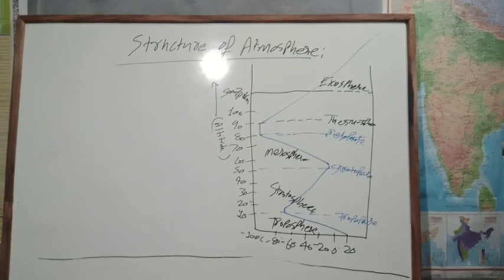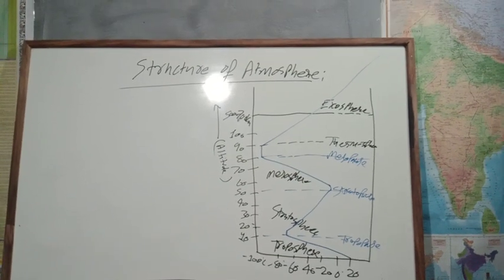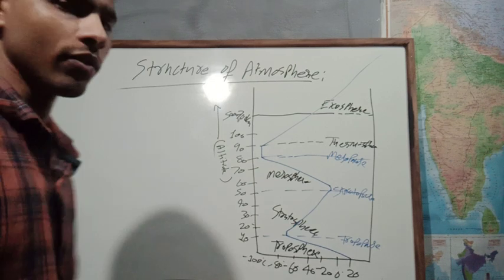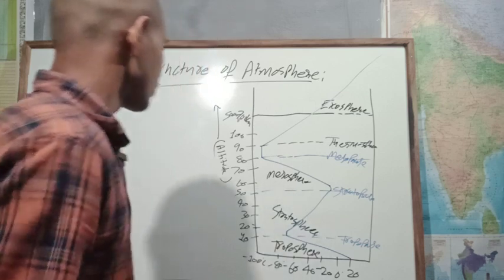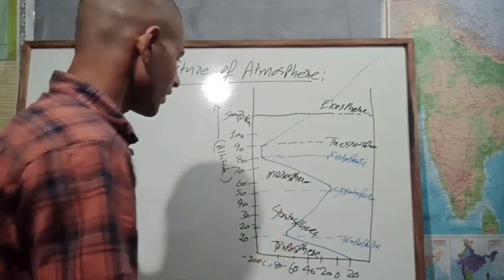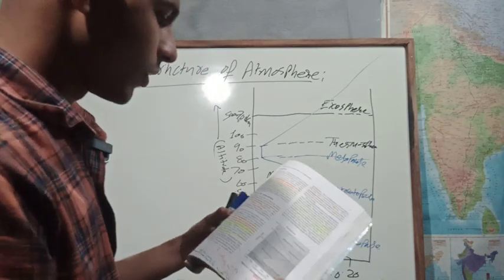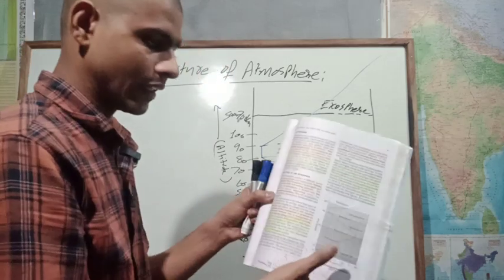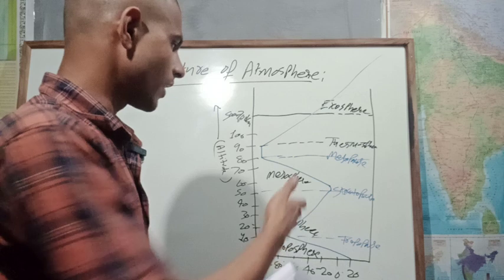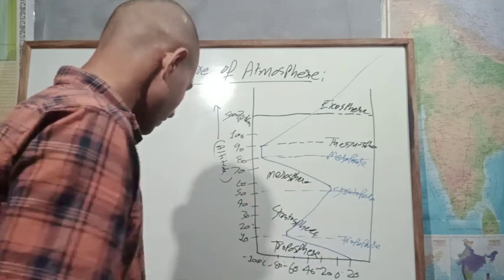I hope it is visible now. I don't know whether I'm visible or not. Look, guys, this is the same diagram I've drawn here. You can go through this one, and you can also draw this one. Both are the same.